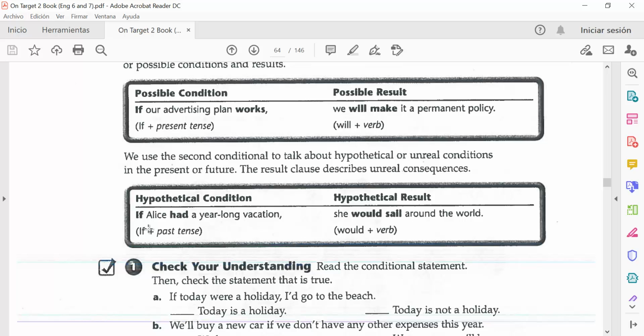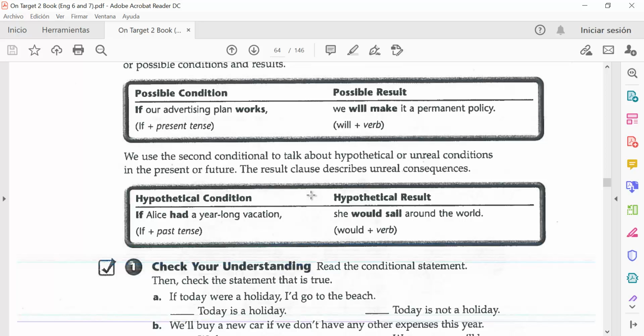Here, when you say, if Alice had a year-long vacation, that means that in reality, she doesn't have it. Okay? Because here you're talking about things that are not real. So you're giving a result which is fake, which is hypothetical, which is unreal, just to let you know.